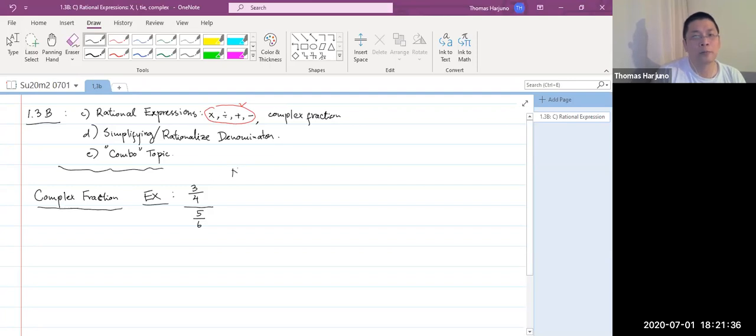Method one, we rewrite that as division, 3/4 divided by 5/6. And then we write that as a multiplication by the reciprocal, and of course, cross cancel whenever possible.